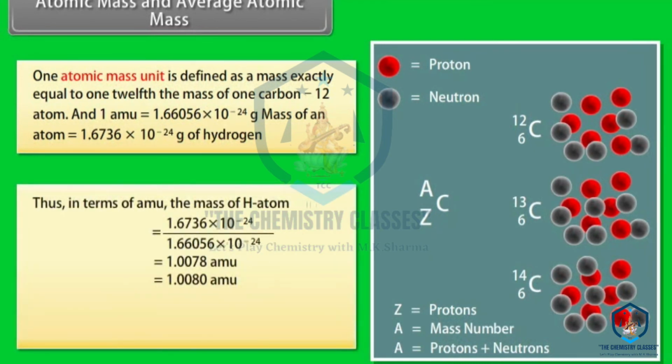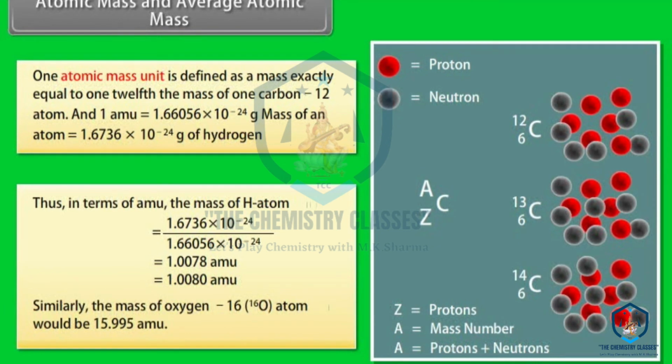Thus, in terms of AMU, the mass of an H atom is equal to 1.6736 × 10^-24 upon 1.66056 × 10^-24, which is equal to 1.0078 AMU, which equals 1.0080 AMU.